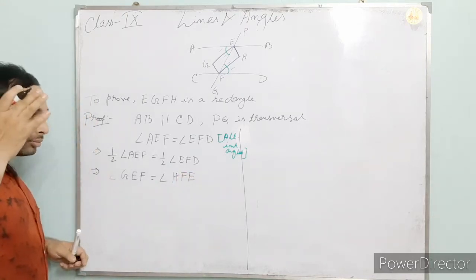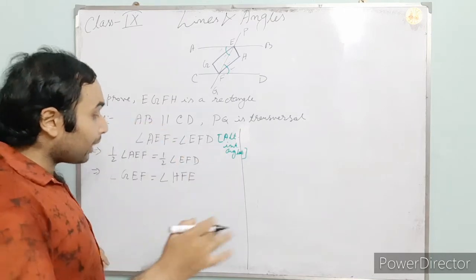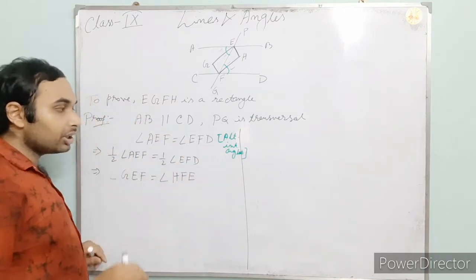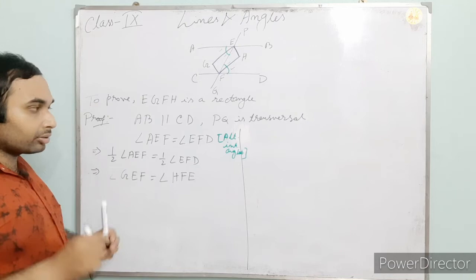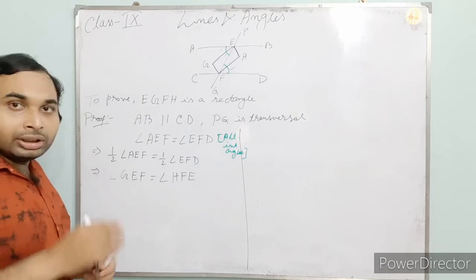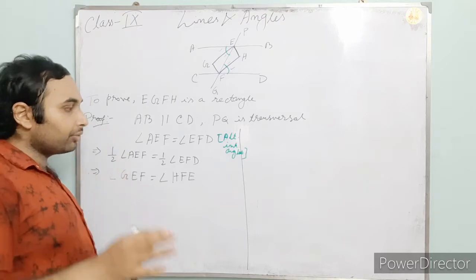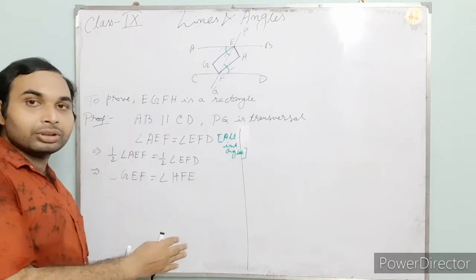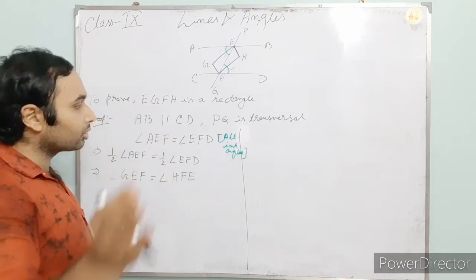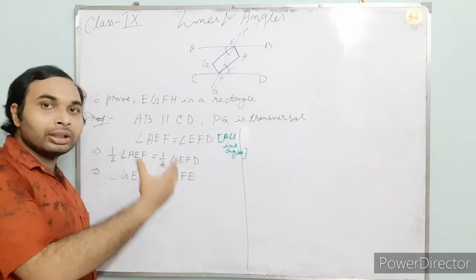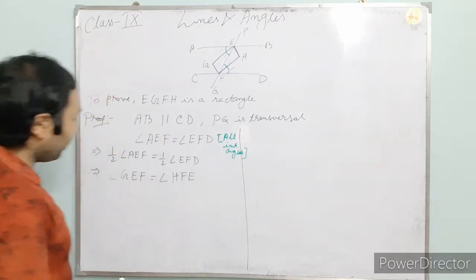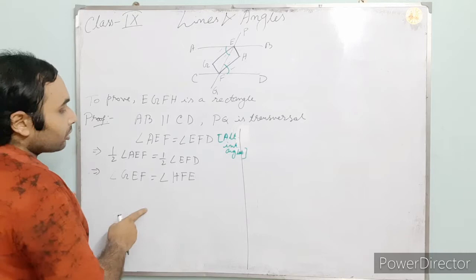I am saying the proof step by step, the logics that I am using, that's why I am going slowly. Again, if you have any doubt, pause the video. Obviously, you have to write those steps. You can also rewind the video and listen or see. Angle GEF equals HFE.